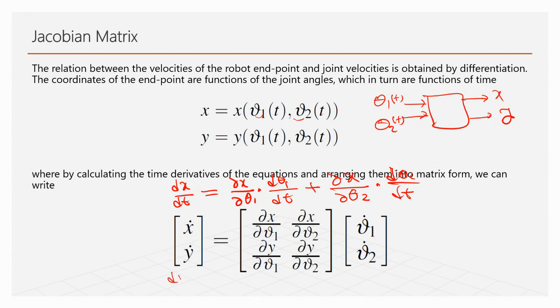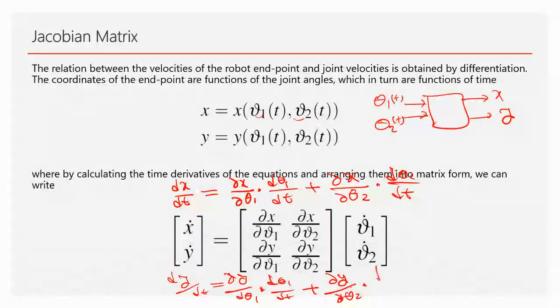For y, dy to dt, how y changes over time depends on how y changes according to theta 1 and how theta 1 changes over time, and how y changes by theta 2 and how theta 2 changes by time. So it equals partial y to partial theta 1 times d theta 1 to dt plus partial dy to d theta 2 times d theta 2 to dt.